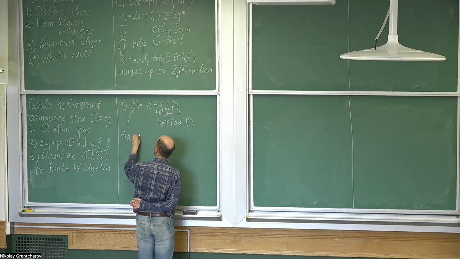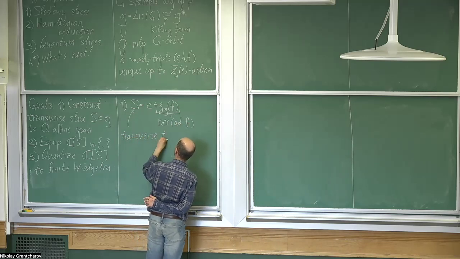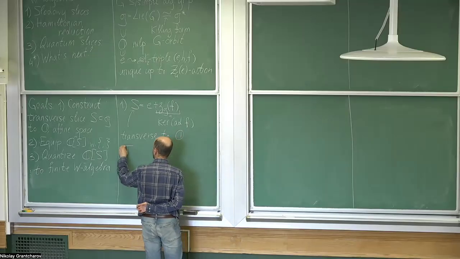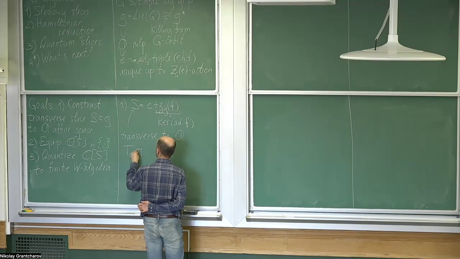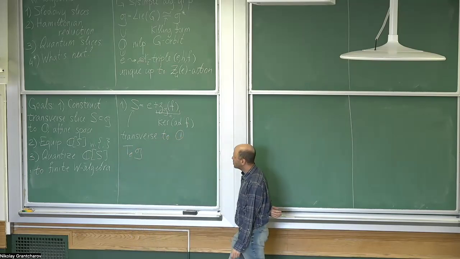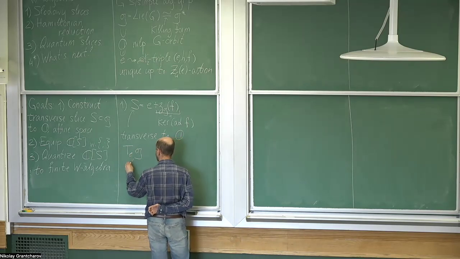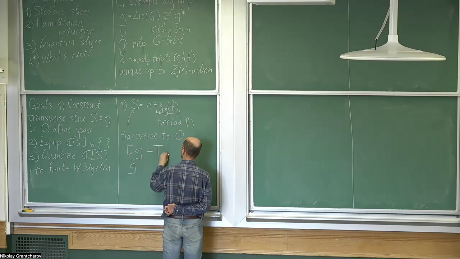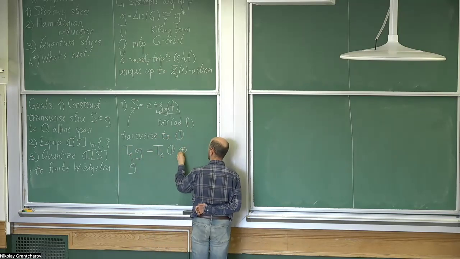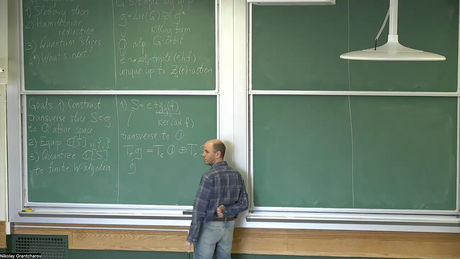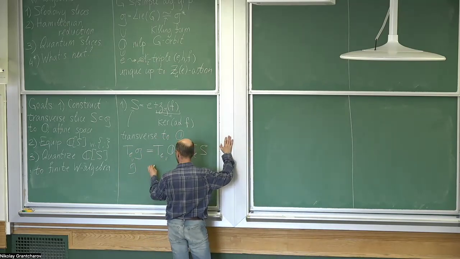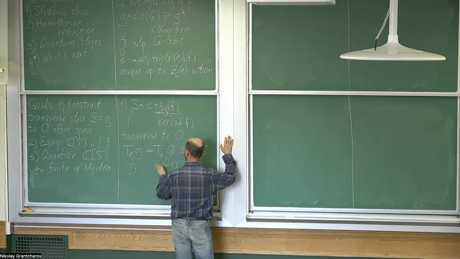Well, what do we need to check? We need to check that the tangent space at the point e, which is of course the same as g, is a direct sum of the tangent space to O and the tangent space to S. What is the tangent space to O? This is provided as the image of ad e.